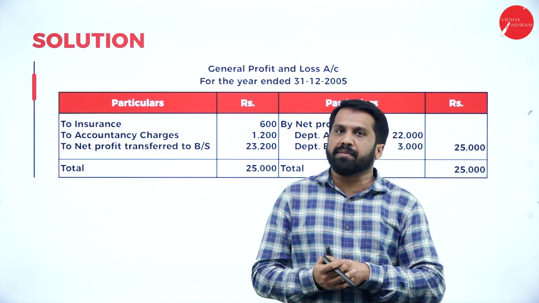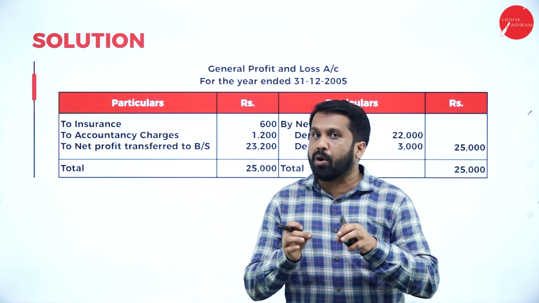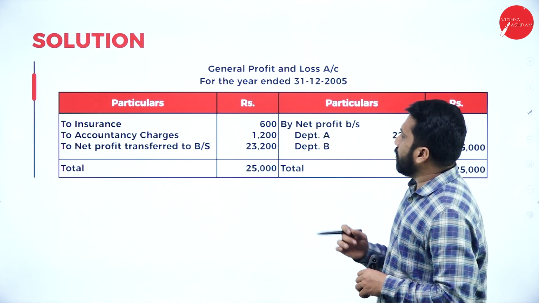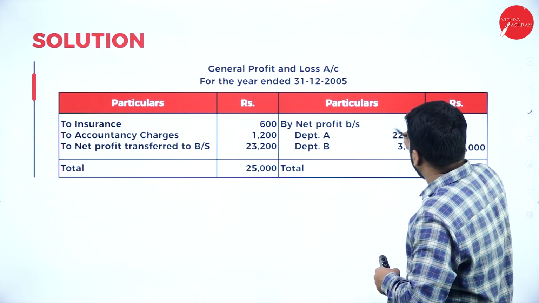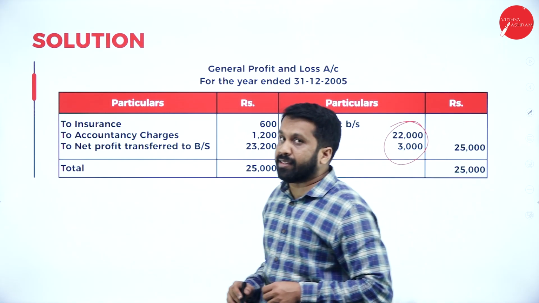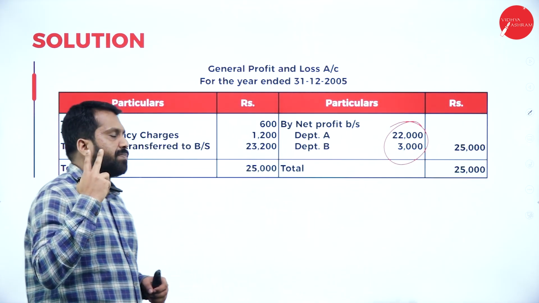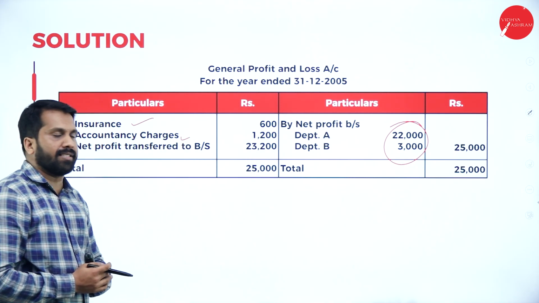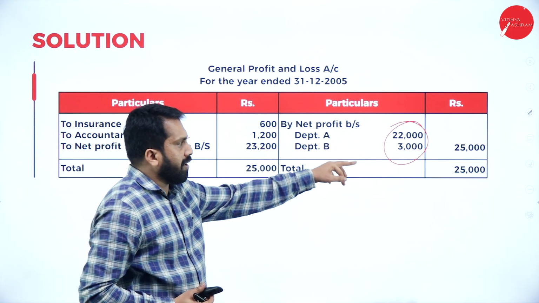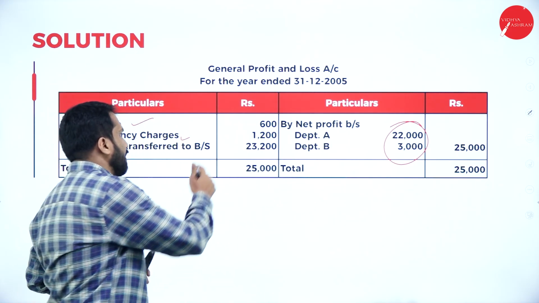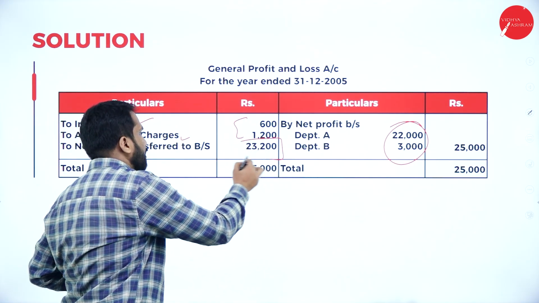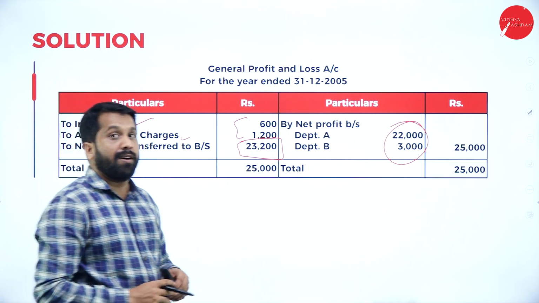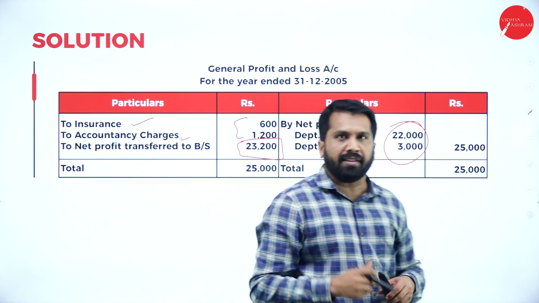If you cannot divide, it will go commonly. So your department A and B answer is 23,000 and 3,000. What are the two general expenses? Insurance and accountancy charges. From your income of 25,000, if you minus these two, your answer of 23,200 will be your final answer. Hope you are clear?